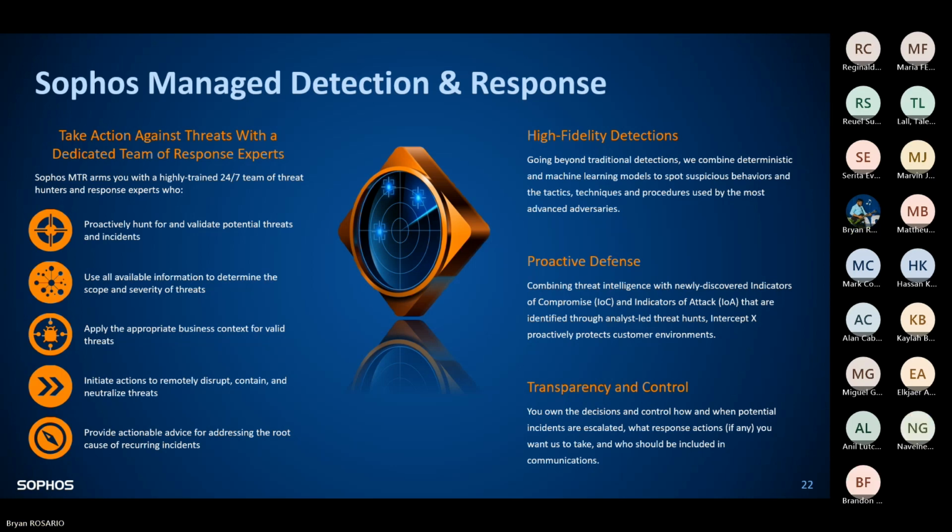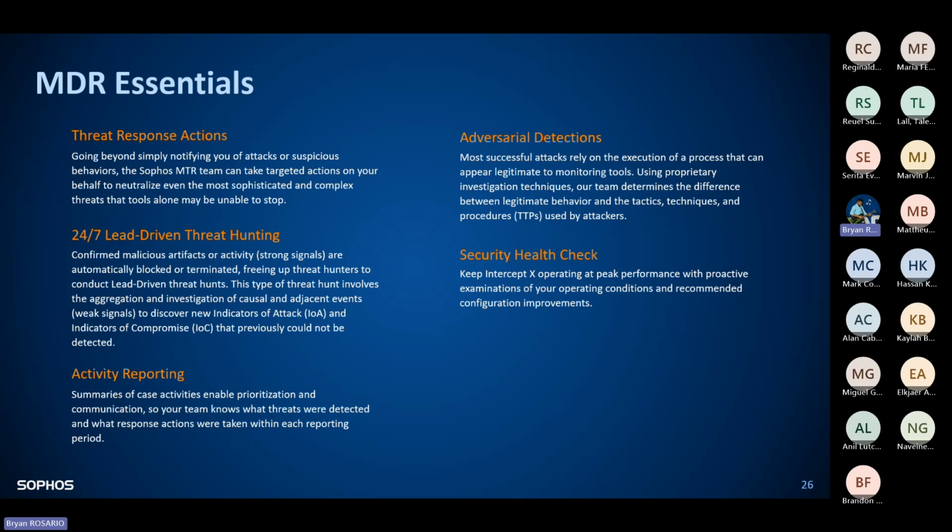So, basically, as we mentioned, we have two tiers. The first is MDR Essentials, in which you have threat response actions, adversarial detection, security health check, and 24 by 7 lead driven threat hunting. I want you to keep in mind that this is lead driven.